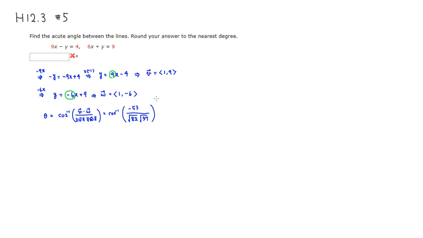Let's go ahead and blindly compute this. I'm going to pull out the calculator.